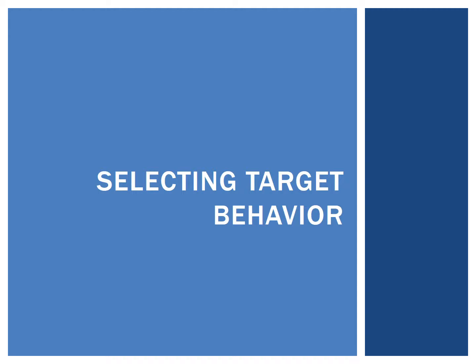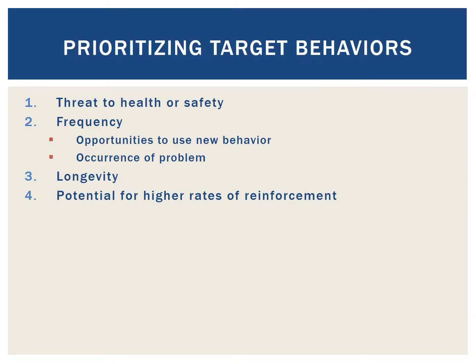Let's talk a bit about selecting target behaviors. So if we're actually not trying to address a research question, but we're just looking at behaviors that we're going to change, the priority is always which behaviors are a threat to that person's health or safety.